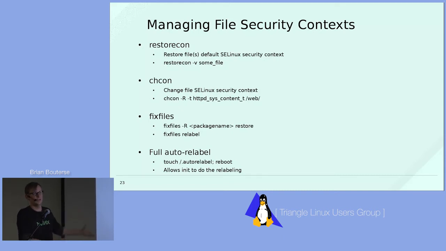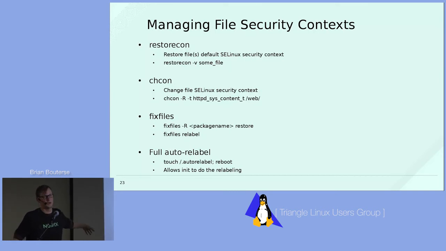It's going to apply the labels. So chcon does not change the state of SELinux in terms of remembering that in the future it needs to preserve this change. That's definitely something to be aware of as you're administrating SELinux. Great comment.